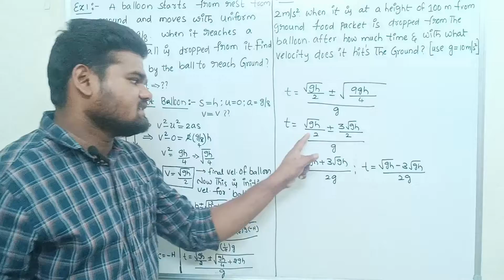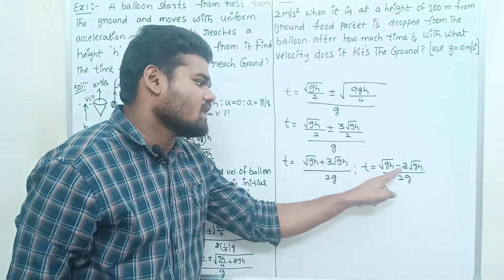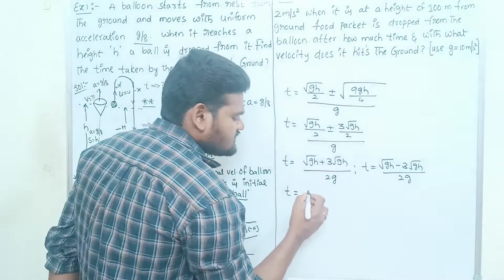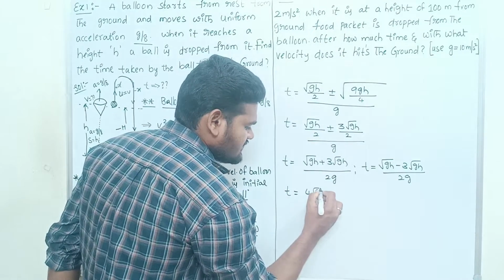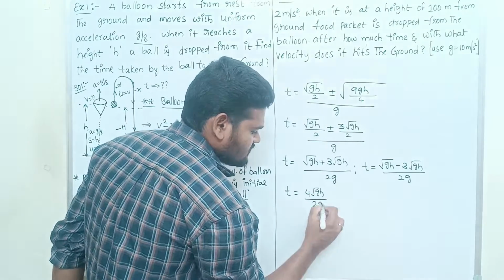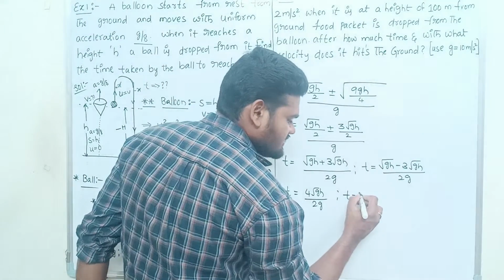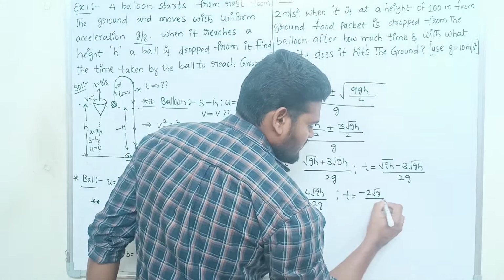I'm just dividing this term into a plus 1 and a minus 1. Okay, so t is equal to 3 root gh plus root gh, 4 root gh divided by 2g. So here t is equal to minus root gh, it becomes minus root gh by 2g.